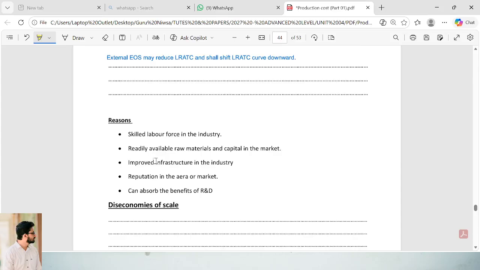These are the reasons. My number one is a skilled labor force in the industry. Do you know the trade zones, for example, Katunayaka trade zone, Biyagama trade zone, Pallekele, Kandy? Have you ever heard of these trade zones? Katunayaka?